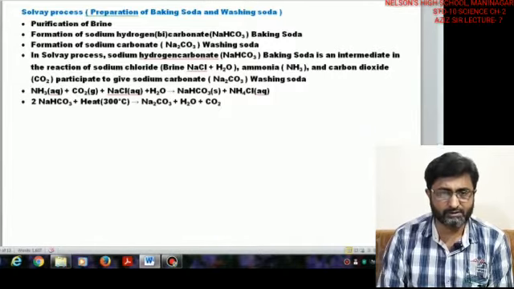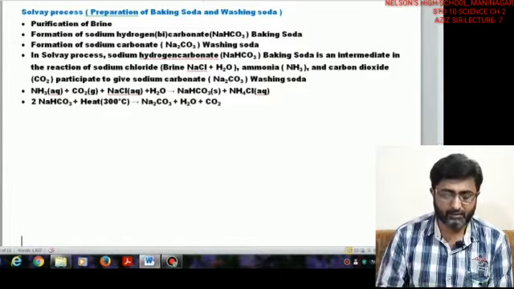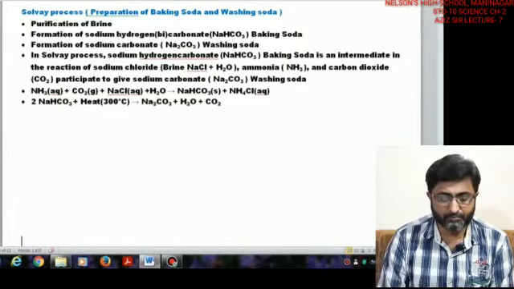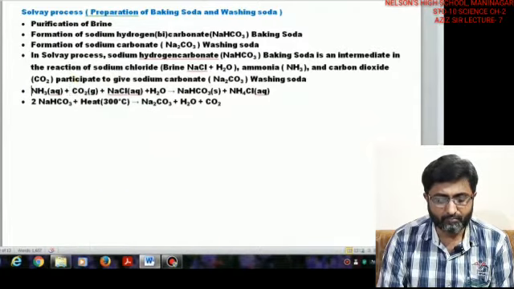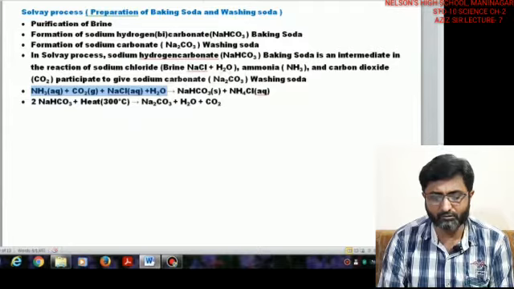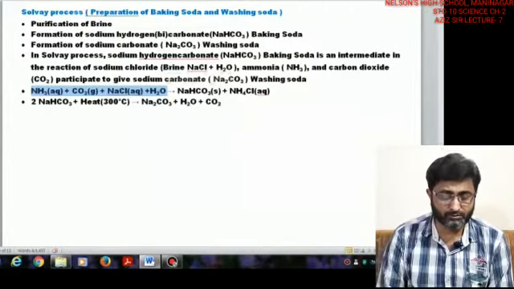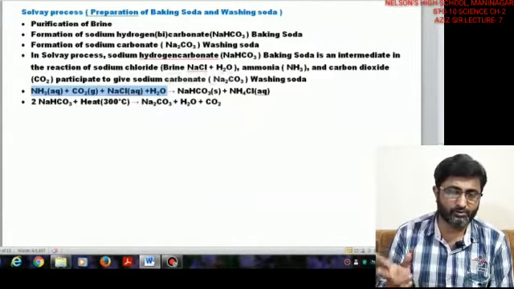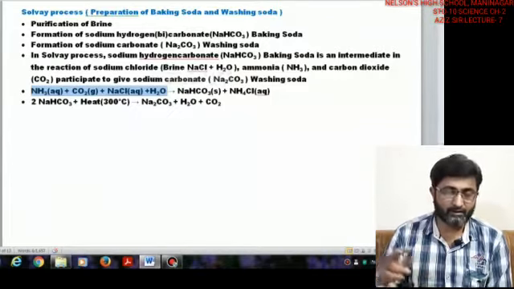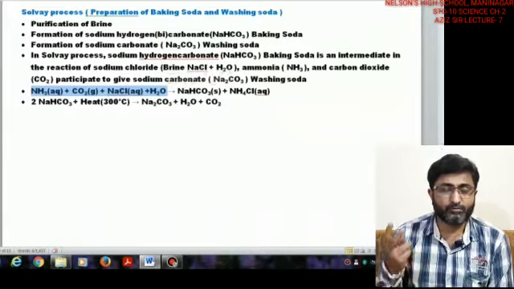In this Solvay process, four ingredients are major: NaCl, water molecules, ammonia, and carbon dioxide. These are the four major ingredients at the start of the Solvay process. To the mixture of NaCl plus water, known as brine, these two gases are allowed to pass, and two products are formed.